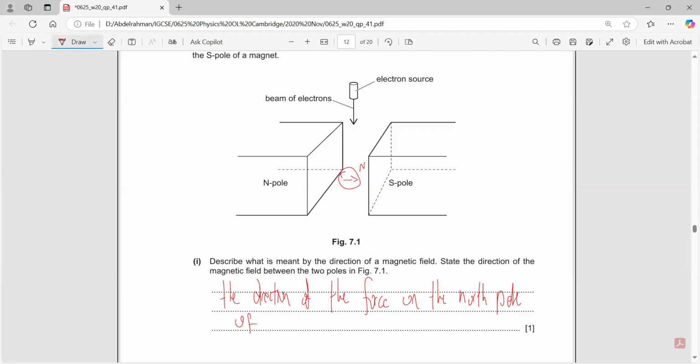Let's write down a small magnet in the field: the direction of the compass, the direction of the force acting on this north pole inside this field.